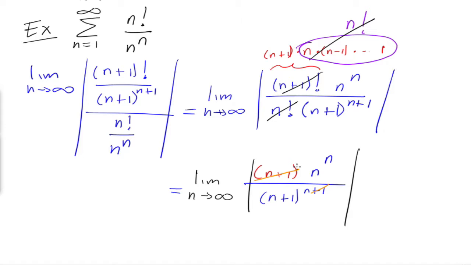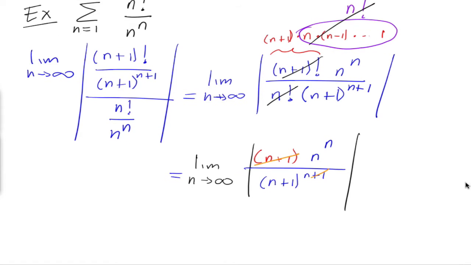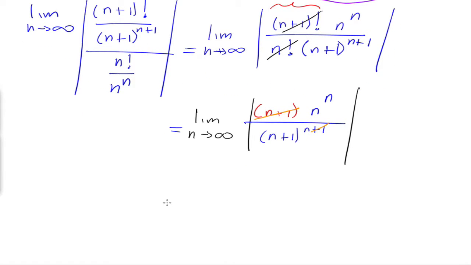Okay. Maybe this wasn't such a good one. All right, so then I have the limit as n goes to infinity of n to the n over (n plus 1) to the n.